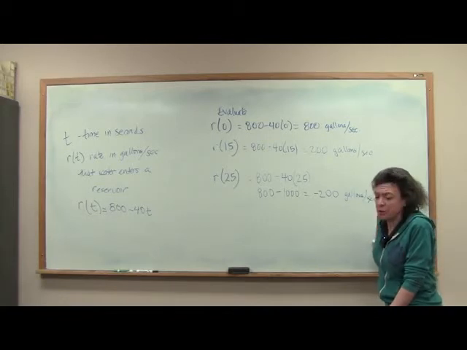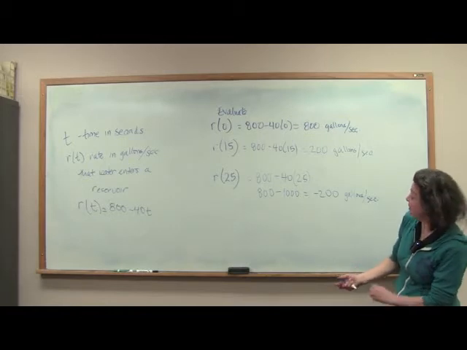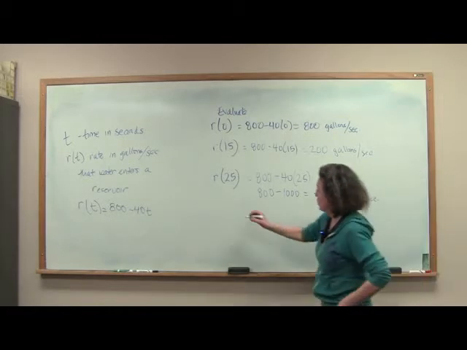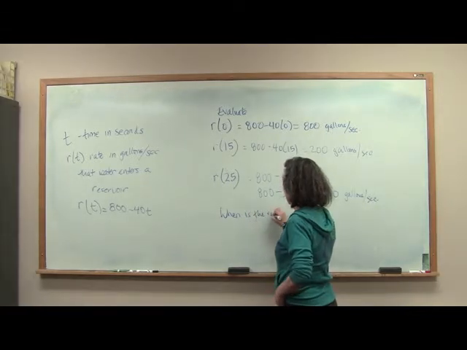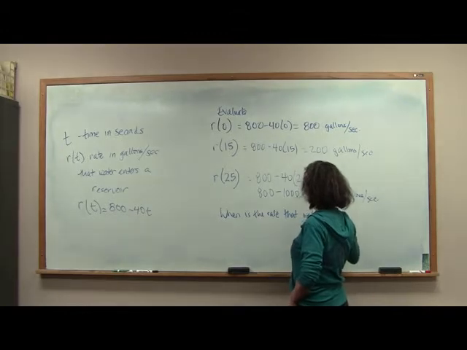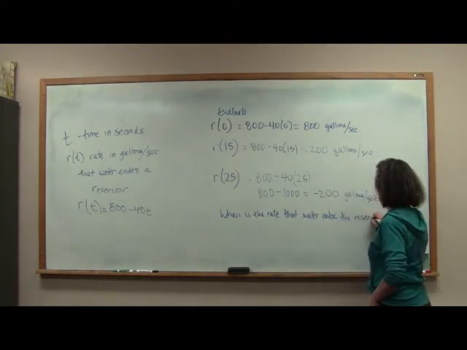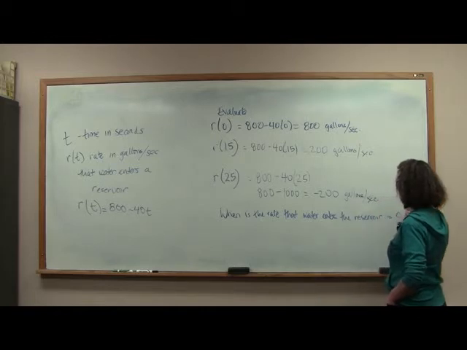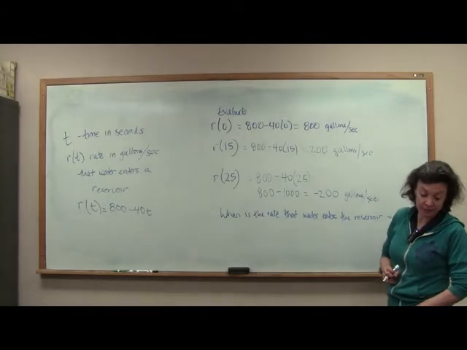So, a reasonable question that comes to my mind is as follows. When is the rate that water enters the reservoir equal to 0? Is that something we can solve?